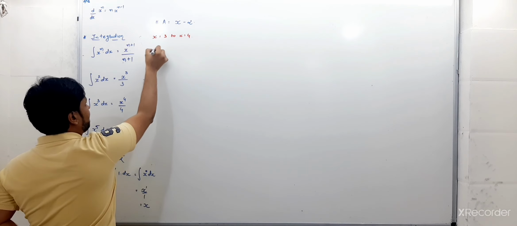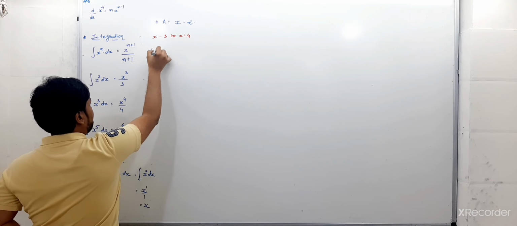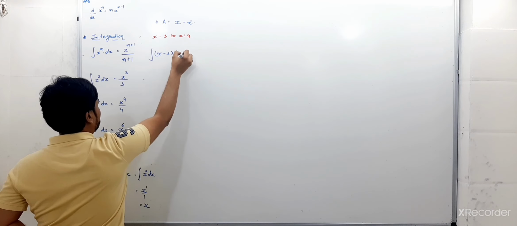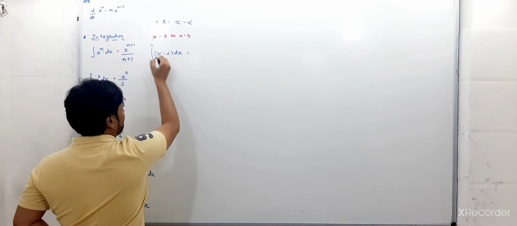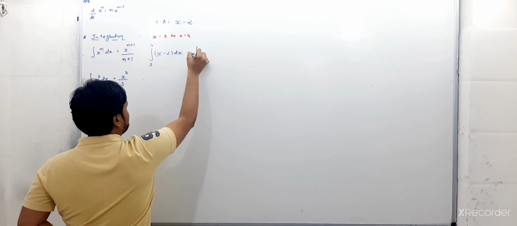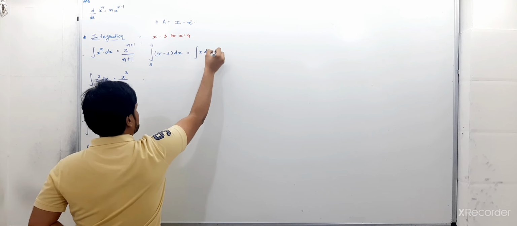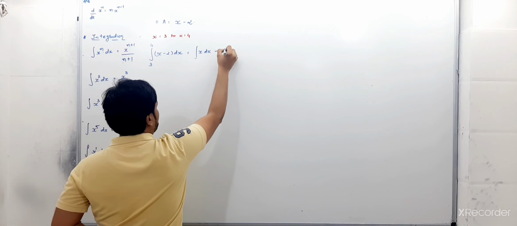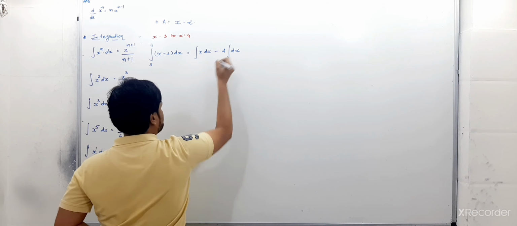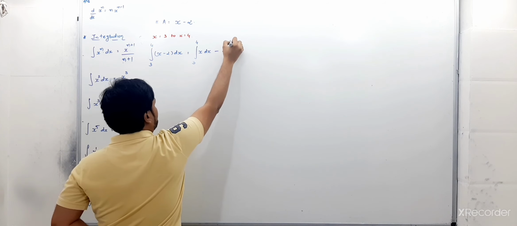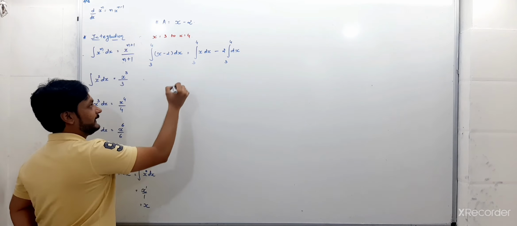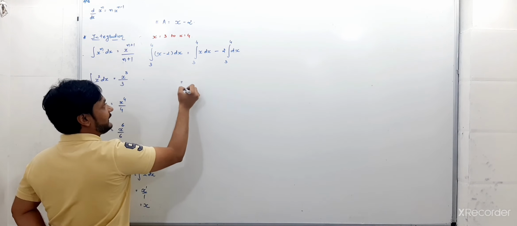So for that we have to integrate it. x minus 2 into dx and put the limit 3 to 4. So for that again partial integration: x into dx, minus 2 is constant outside, only dx remaining, place the limit 3 to 4, right? Okay, so now take the integration.